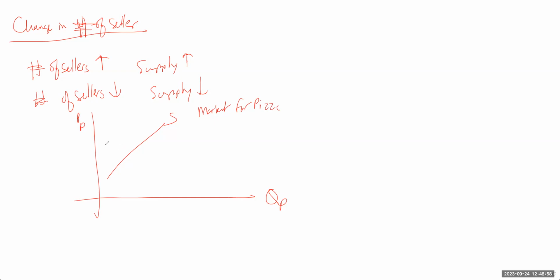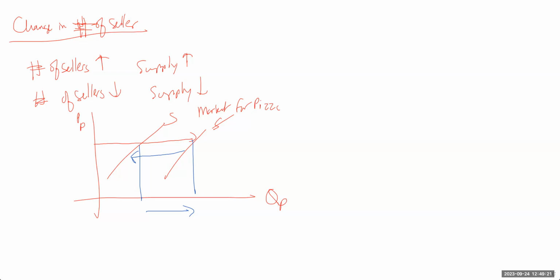If the number of sellers increases, we have more sellers of pizza for a given price. The supply curve shifts to the right. We're selling more pizza. If half these sellers run away and don't want to sell pizza anymore, supply declines.